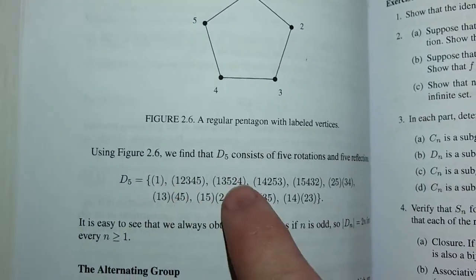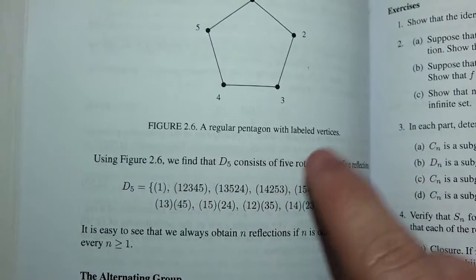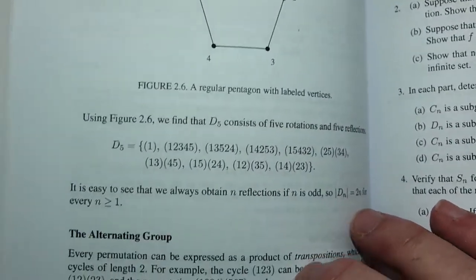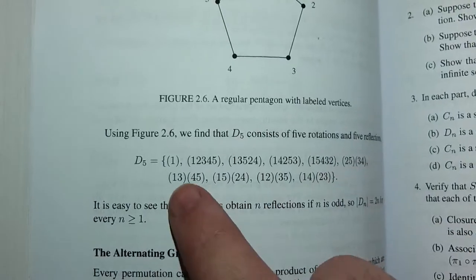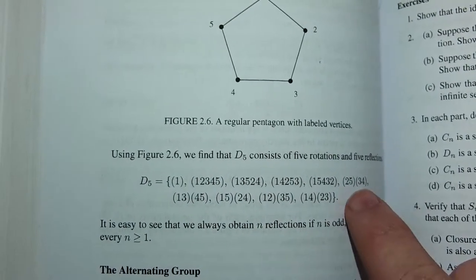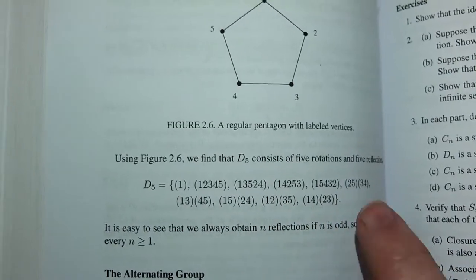So 1, 2, 3, 4, 5. These first 5 are exactly these rotations. Okay. The reflections then are the 5 things that follow here. What do these reflections look like? What are the lines?